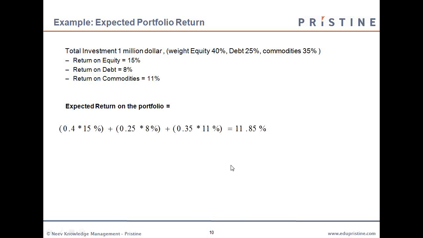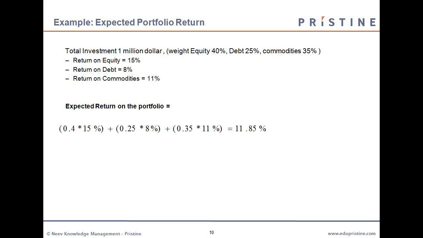The answer lies in the fact that since you are going for a portfolio, you are minimizing your risk. Although you are getting lower return than what you would have got by investing only in equity, you are minimizing your risk.